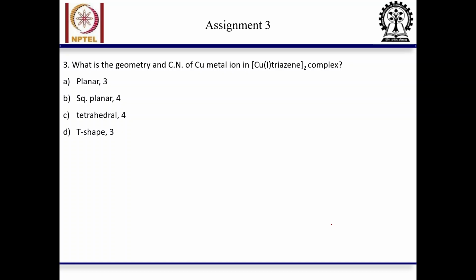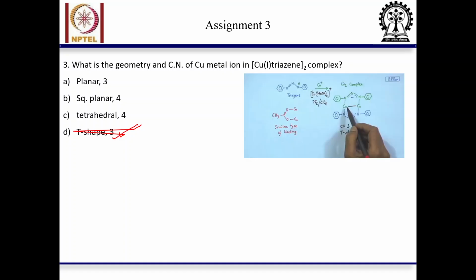The correct option is T shape, coordination number 3. Let me show how. This is the lecture where the professor told you about the triazine. So triazine is here. Once we deprotonate it, one proton you will take, so here a minus will come.